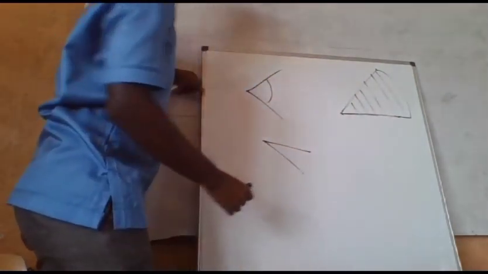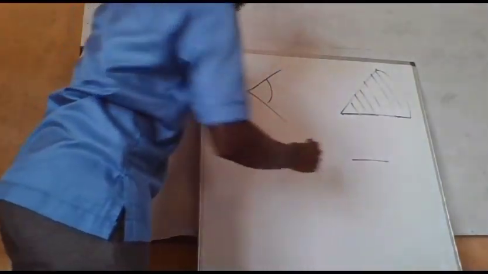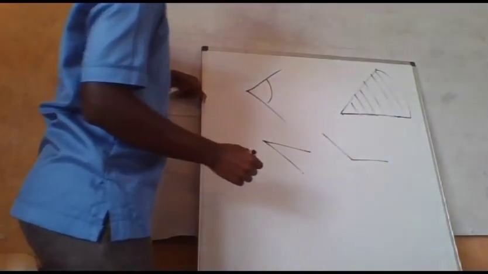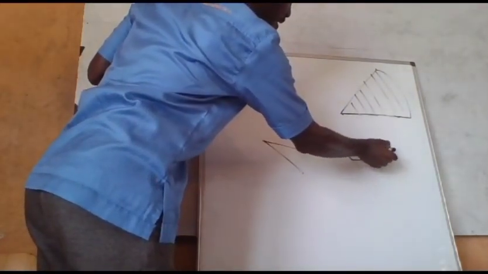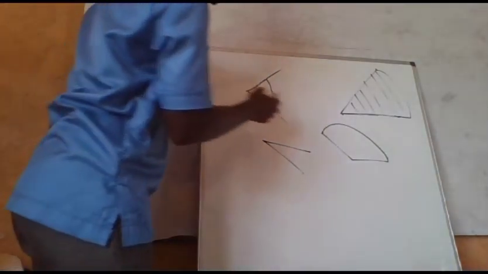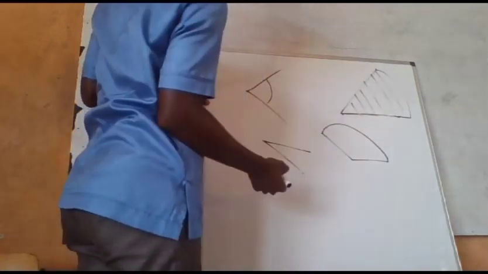It looks big. But if we have another angle with shorter arms, you have to rotate from here until you get here. This angle, because of that, is bigger than this angle.